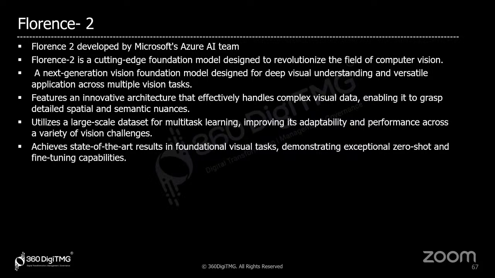It improves its adaptability and performance across a variety of vision challenges. Then it achieves state-of-the-art results in foundational visual tasks. It demonstrates exceptional zero-shot and fine-tuning capabilities. Okay, so this is for the Florence 2 model.